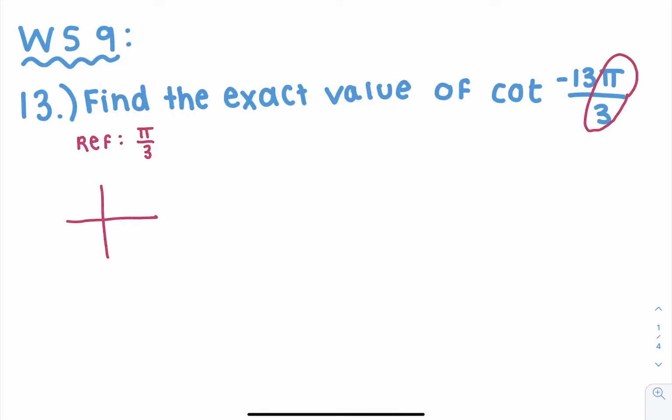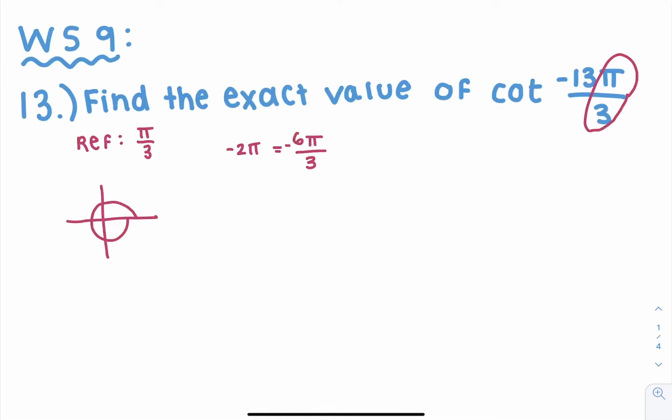So first off, we might think negative 13 pi over 3 is a pretty big number. Let's think about if we moved all the way around the circle once. Since we're moving this way, we'd get to negative 2 pi. If I write that in terms of pi over 3, that's negative 6 pi over 3.